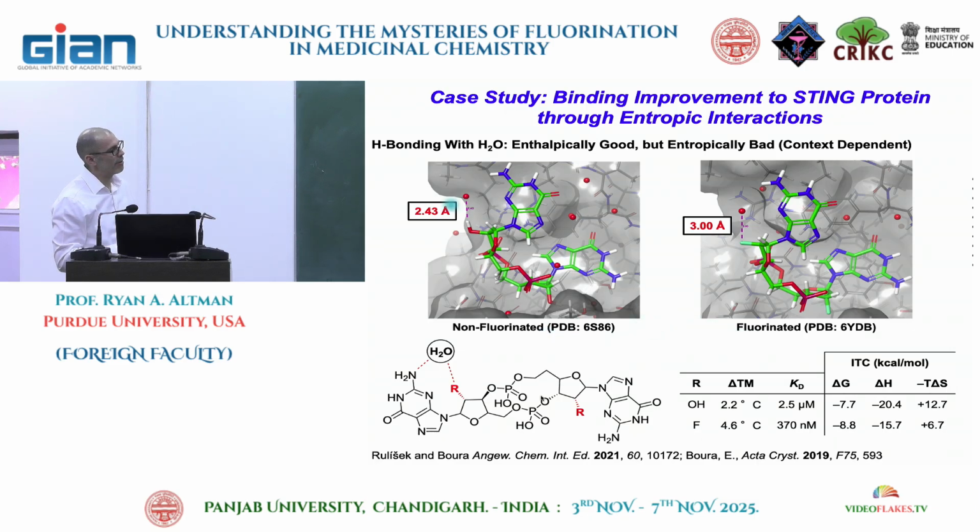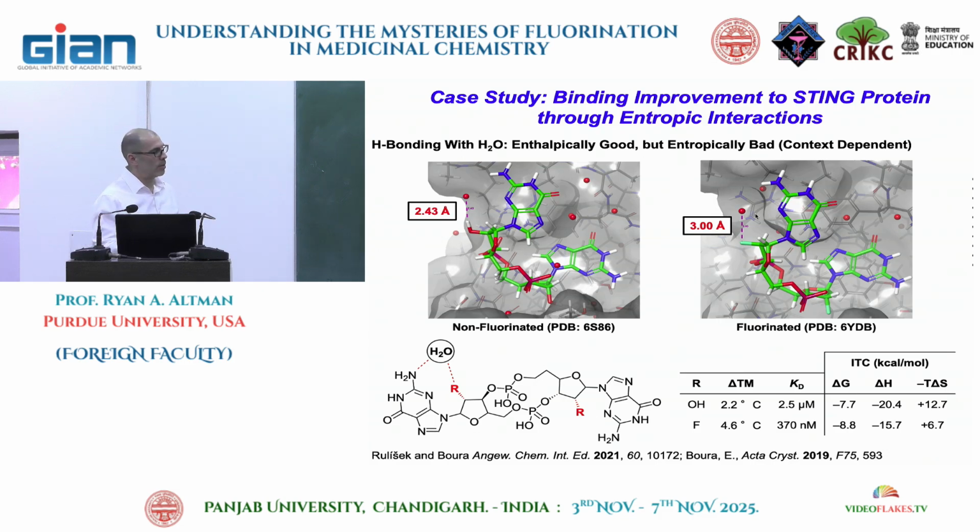In the crystallographic database, the compound with a hydroxyl group has a nice hydrogen bonding interaction with water, 2.4 angstroms. The fluorinated ligand, so the fluorine right there is this R group, the fluorinated derivative, has a longer distance, probably a little bit too long for a real hydrogen bond, so it does not have a really tight association with the water.